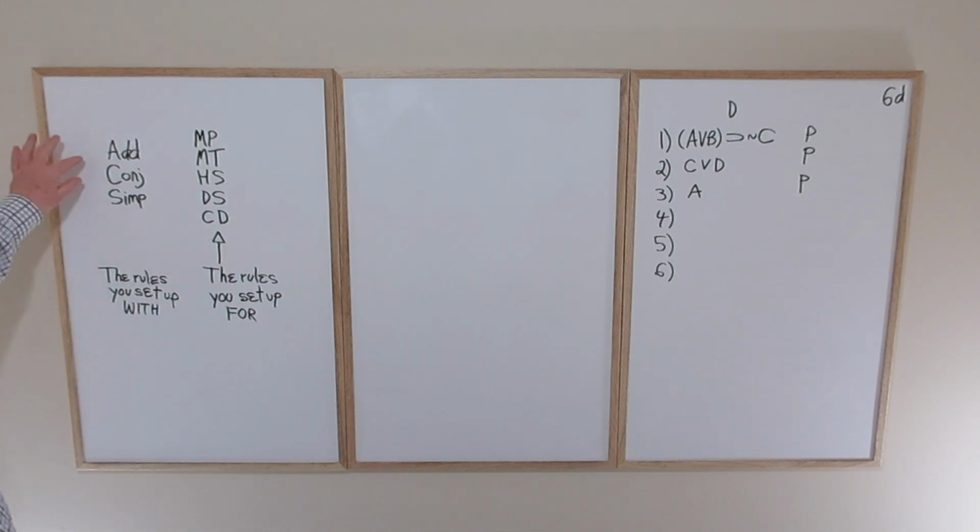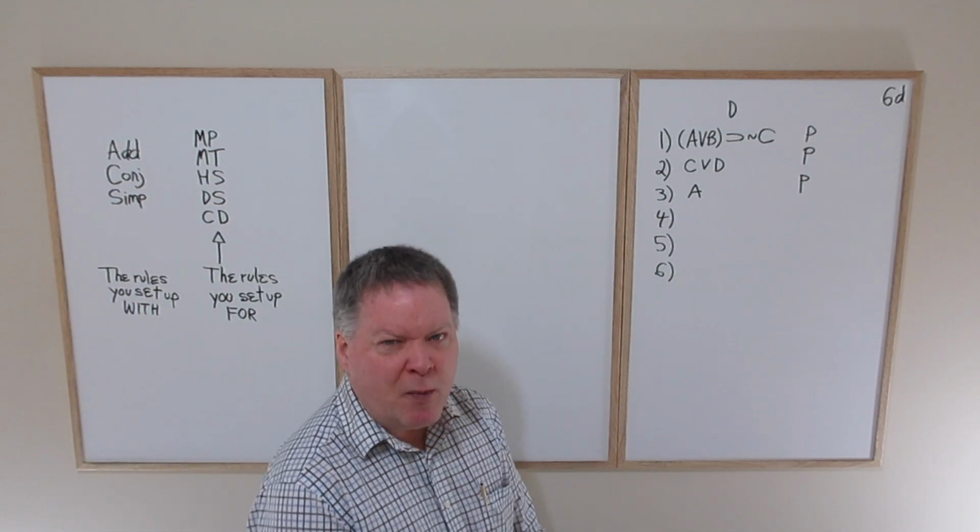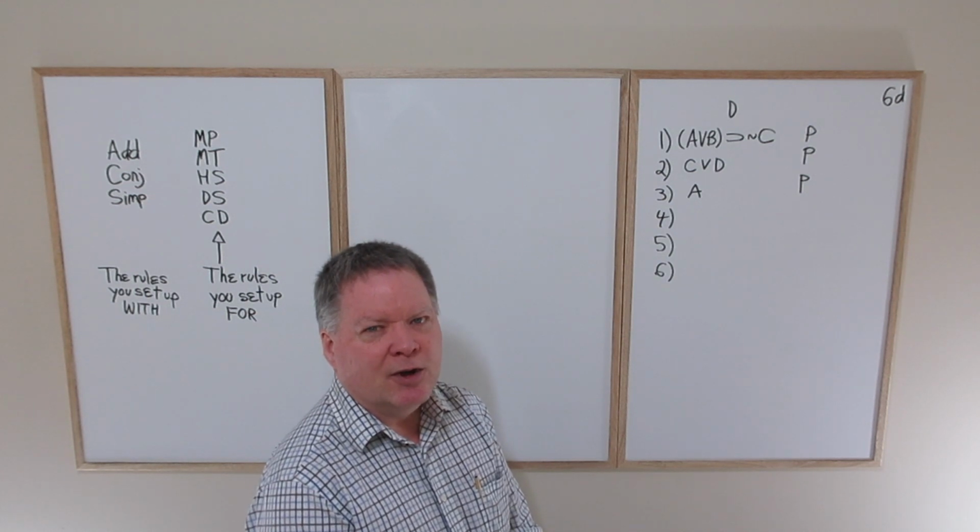Especially with addition and conjunction, these rules are unique in that you don't need to look for rule employment opportunities. The problem with addition and conjunction is, in fact, that there are too many rule employment opportunities.